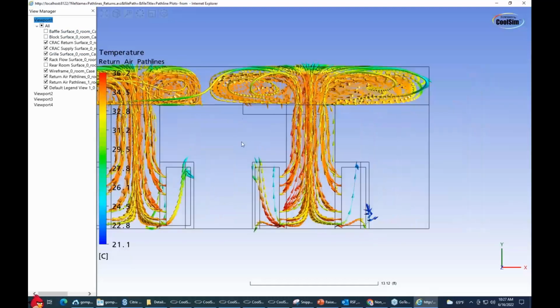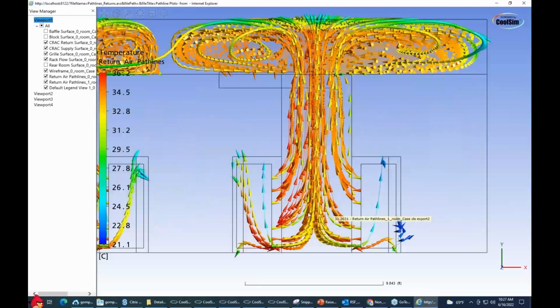So in the hot aisle, we have this, again, dynamic going on where the air is coming out of these servers at a fairly high velocity on both sides and banging into each other right in the center. The first equation I talked to you about is that total pressure is the sum of static pressure plus dynamic pressure.